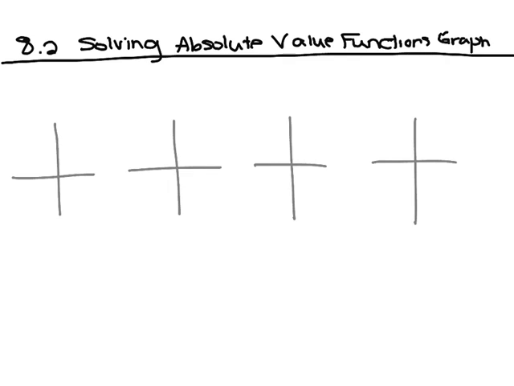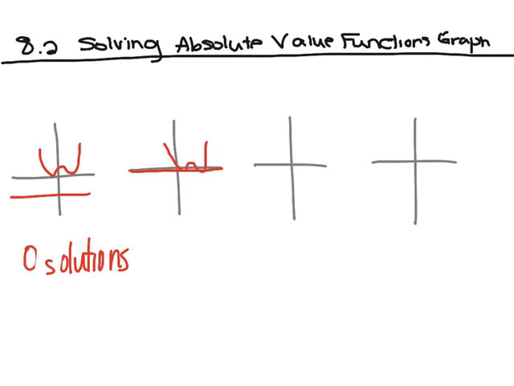With quadratics, you can have a line and a quadratic that don't touch, so there's zero solutions. If you have a line right on the x-axis and an absolute value, you can have two solutions.